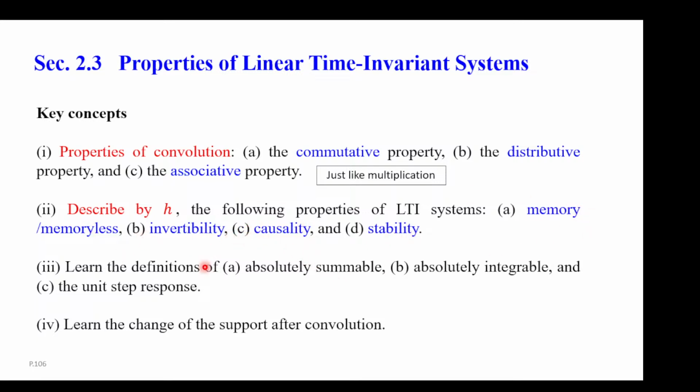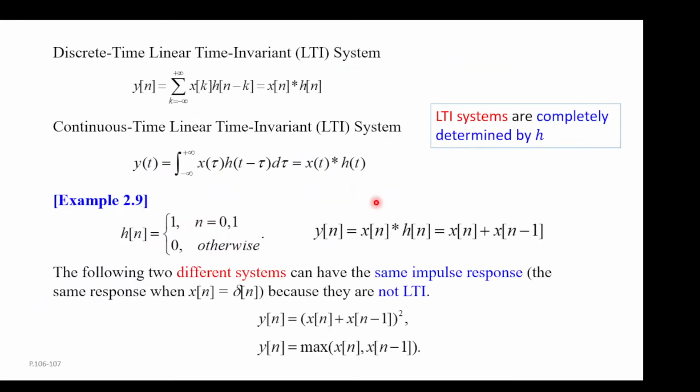You can determine them all by looking at your impulse response h. Okay. And there are other things that are a bit less important. Before we go to that, let's say something else first.